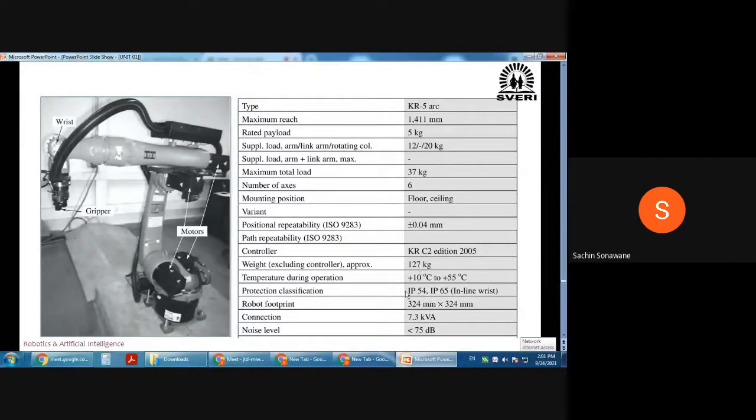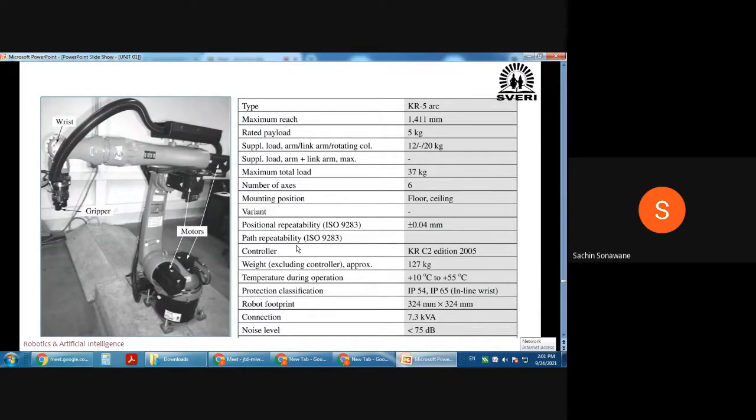Robot footprint 324 mm by 324 mm. Connection, this robot requires a connection of 7.3 kilovolt ampere, and its noise level, that is when this robot is going to do operation or function, some noise is generated, that noise level is less than 75 decibels. It is nothing but dB.